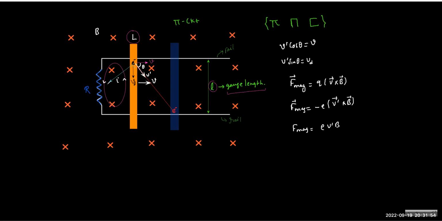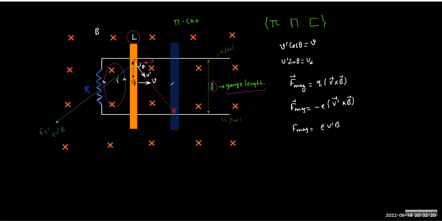I'll extend this line. This is the force on the electron, and this equals Q v dash B. Now, do you realize this part? Yes, sir. And you can clearly see that the force and the displacement are mutually perpendicular.